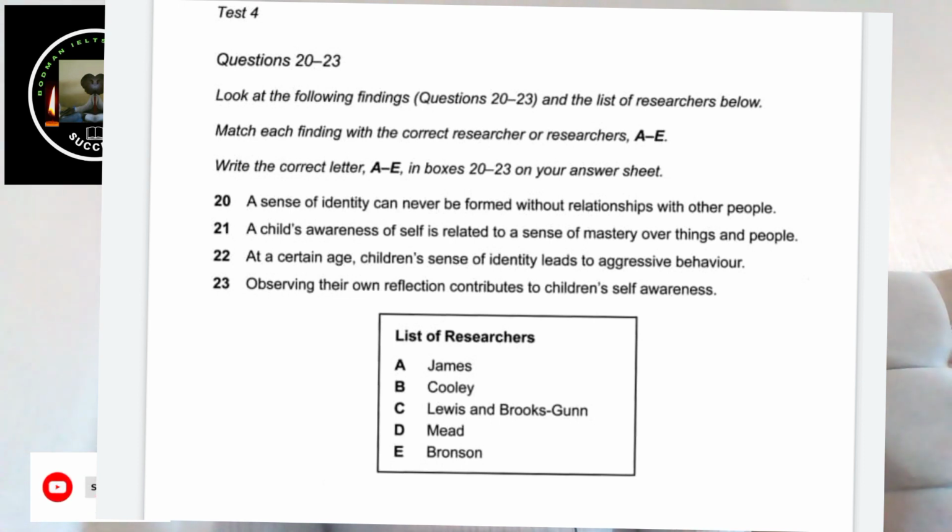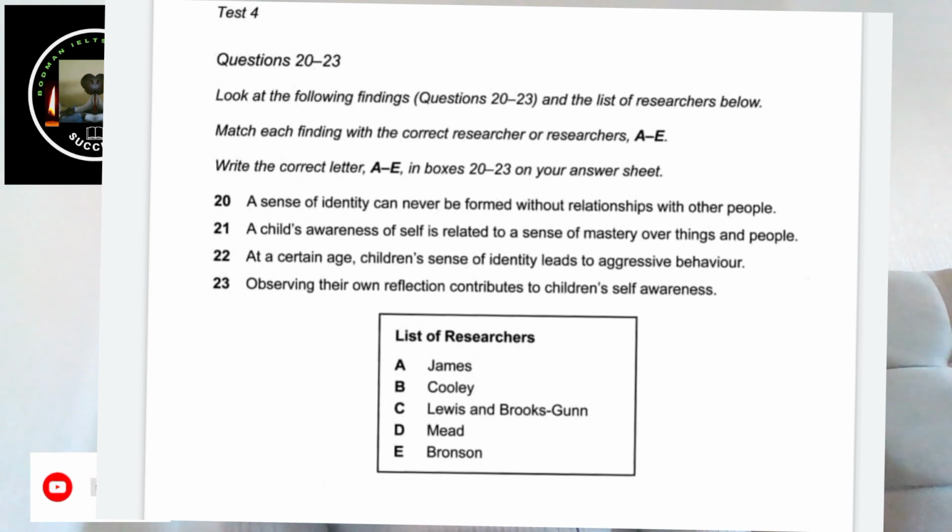A child's awareness of self is related to a sense of mastery over things and people. Did we read anything like that? I think so, because Cooley was trying to say being able to exercise power.